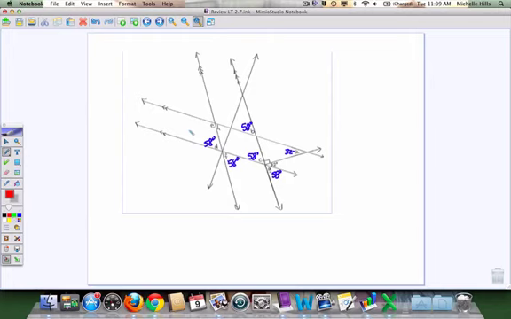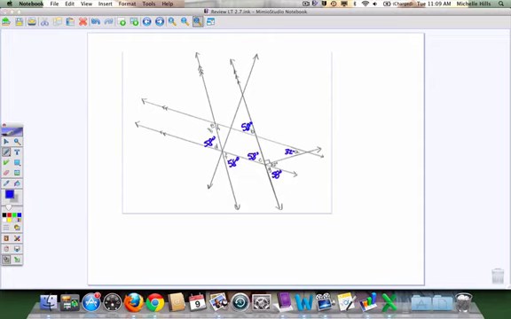Now, H is also 58 degrees. I have alternate interior angles or corresponding angles for that. With these two lines parallel and this my transversal, H and F are corresponding angles and they're congruent. H and D are alternate interior angles and they're congruent. Or these two lines are parallel and this is my transversal, so B and H are alternate interior angles and they're congruent.